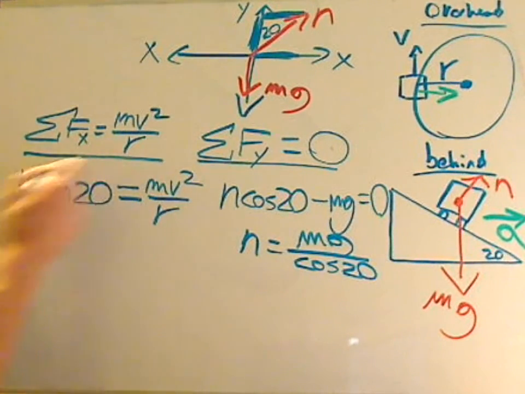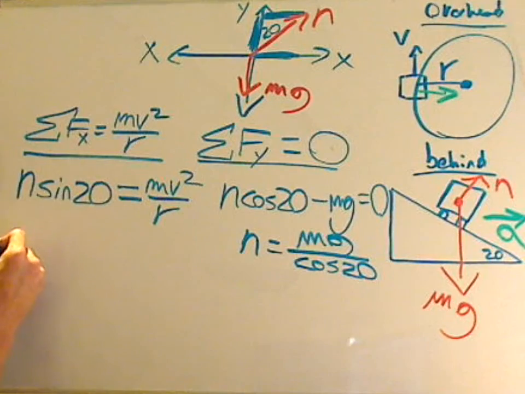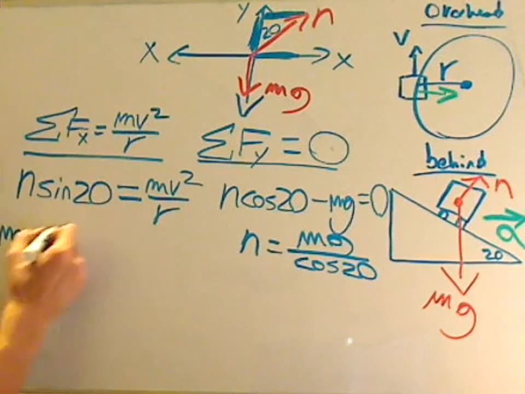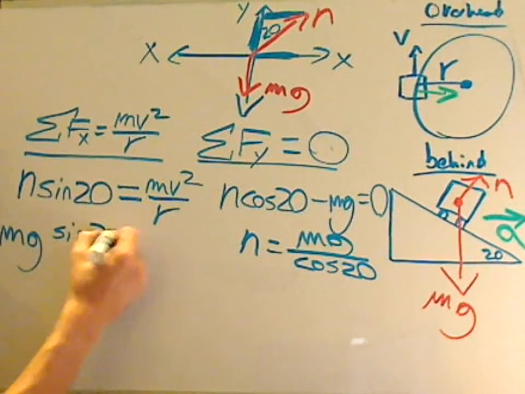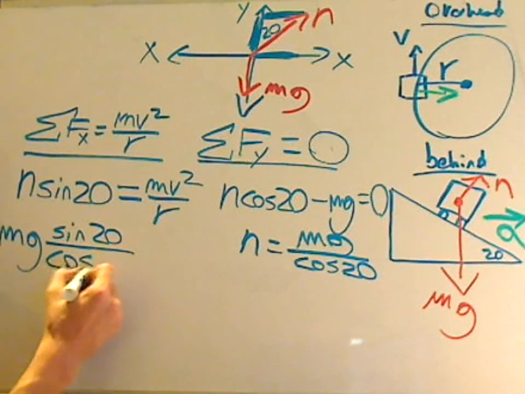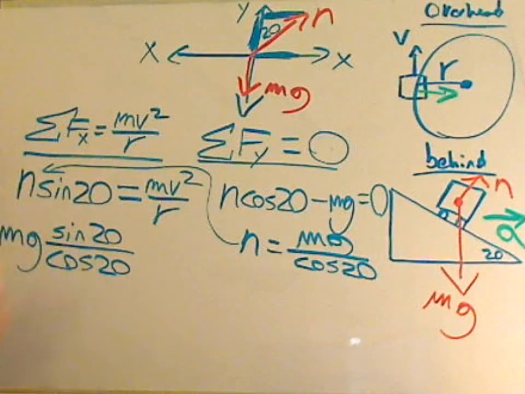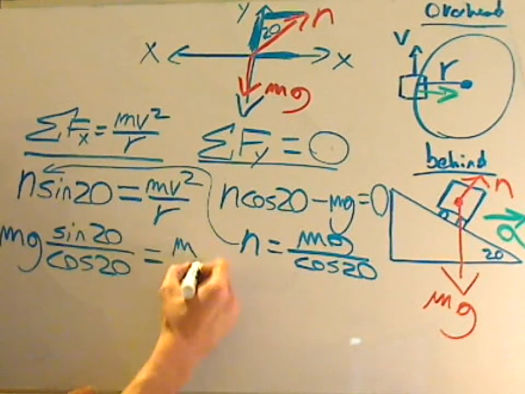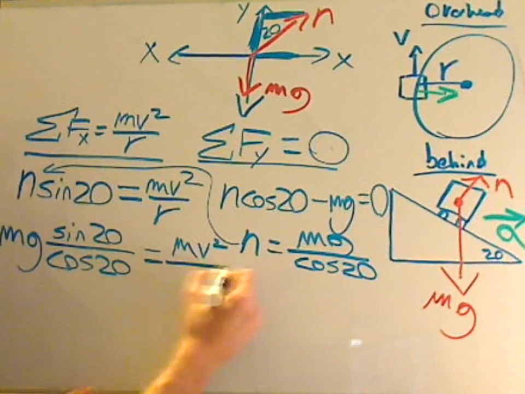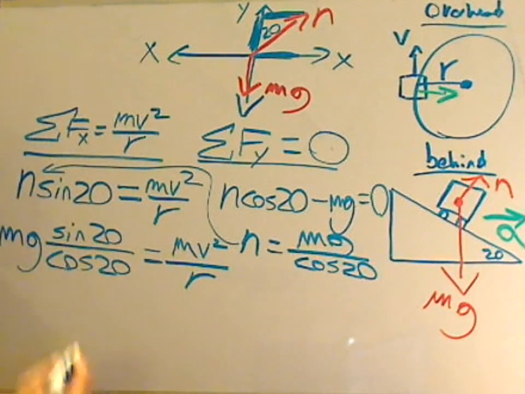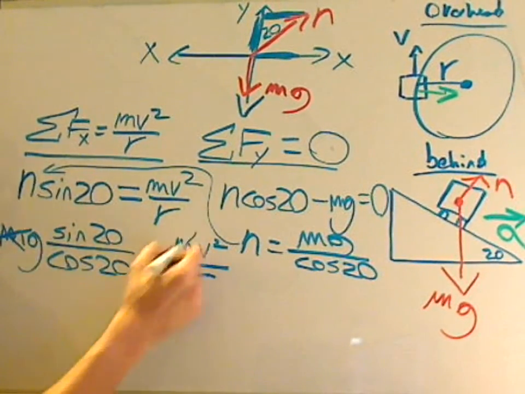We can plug that in over here, and that gives us mg sine 20 divided by cosine of 20 after plugging our normal force in there. And that equals mv squared over r. Okay, the masses cancel out.